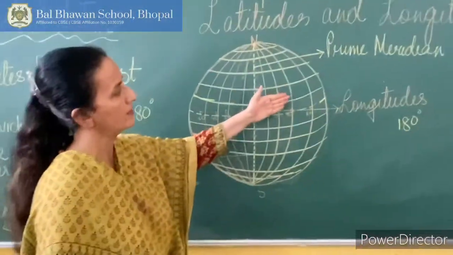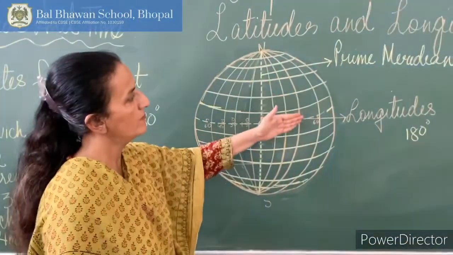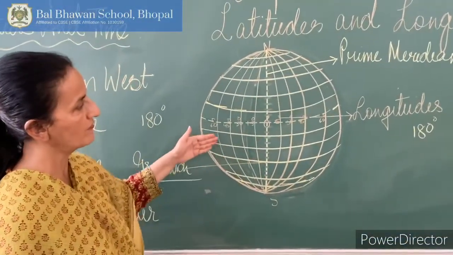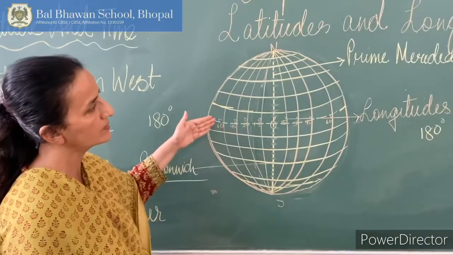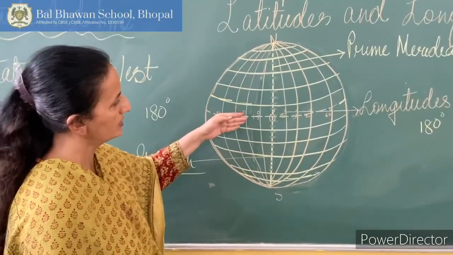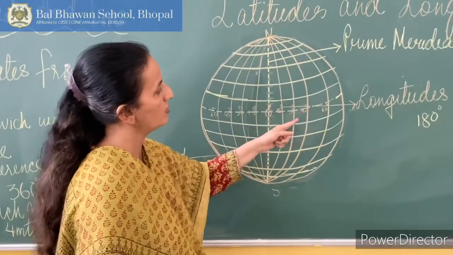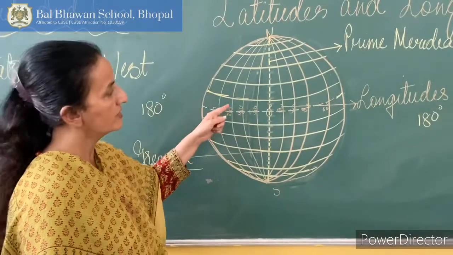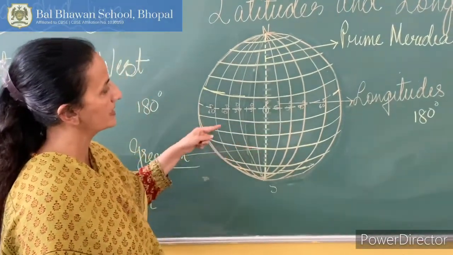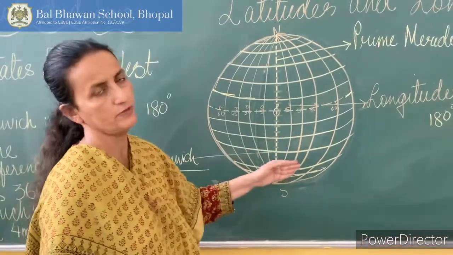These squares are called grids, and this is the grid system which we find in geography, on the globe as well as on the map. The purpose of this grid is to find the location of the places. This grid helps us in locating the places on the different parts of the globe.